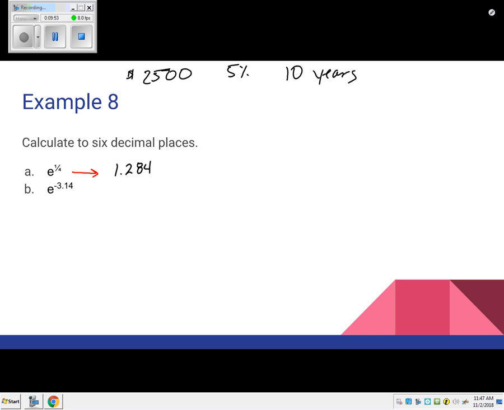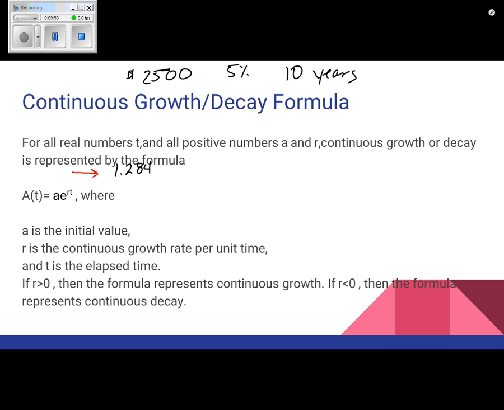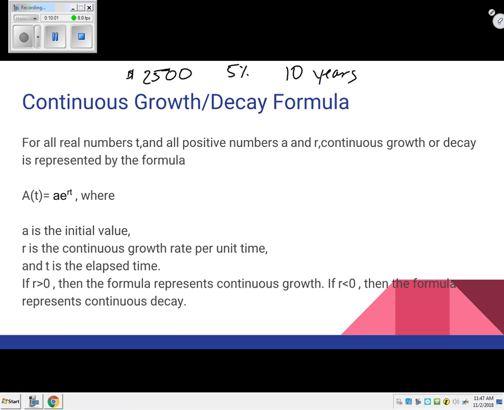Now this number e, we can use it as my growth. It's used a lot, not my growth factor, but rather just my natural base is what it's called. Anytime it says that something is growing continuously, if it's a population that's growing continuously, or if it's something that's decaying continuously, we're going to need to see this number e right here.